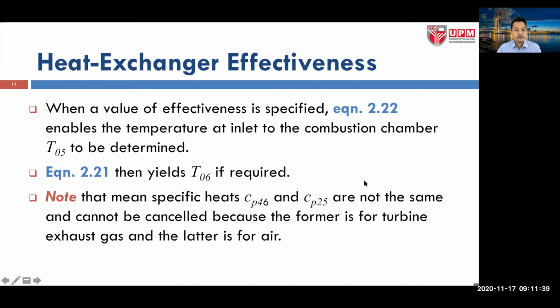Note that the mean specific heats at constant pressure, CP4 to 6 and CP2 to 5, are not the same, so they cannot be cancelled because the values are not the same. One is at the turbine, the other one is at the compressor.